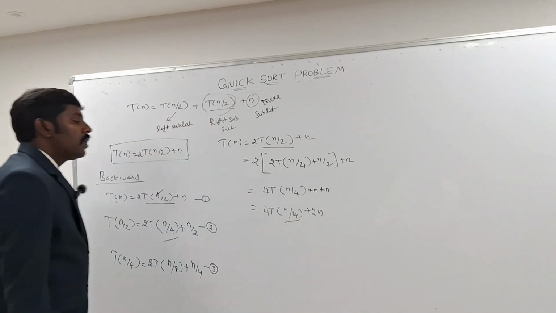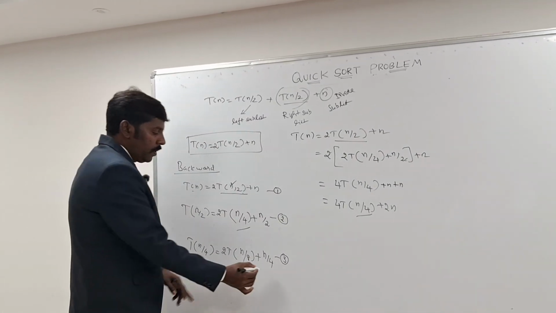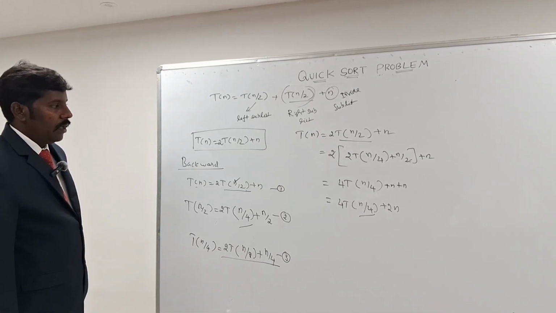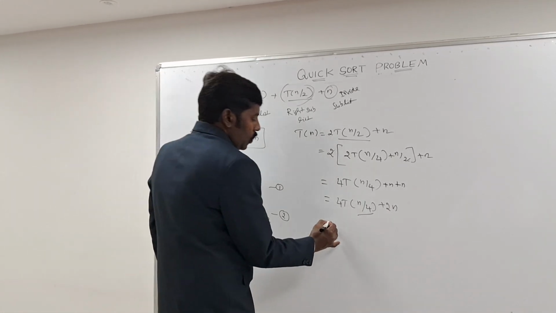Now T(n/4) is replaced by equation number 3.